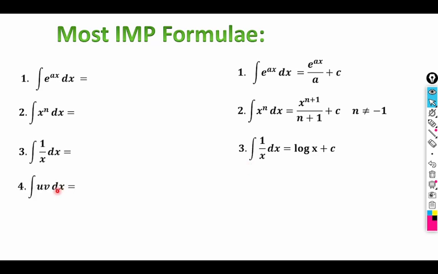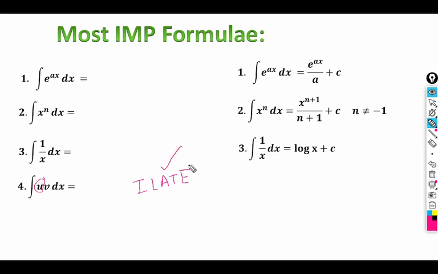Fourth, integral of uv dx. This formula is known as integration by parts. It is integration by parts where the first function u is selected by the ILATE rule. This is a rule that we use to select the function u. Remember, generally we have algebraic and exponential functions.